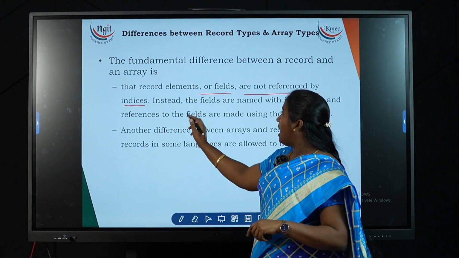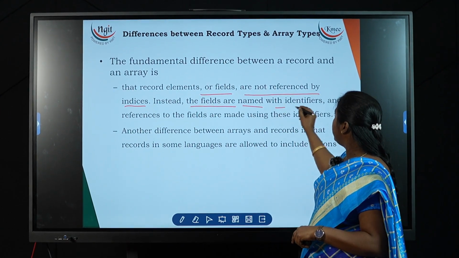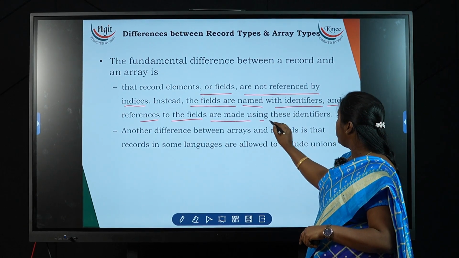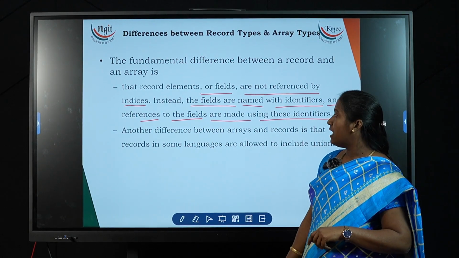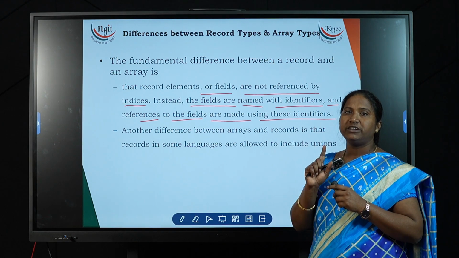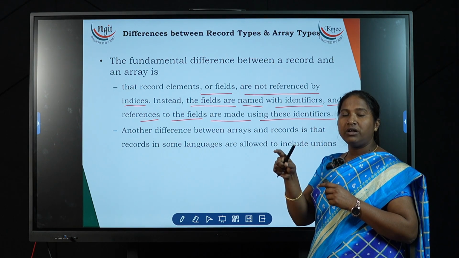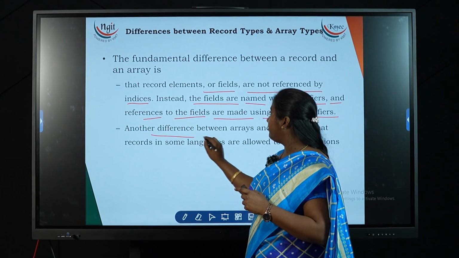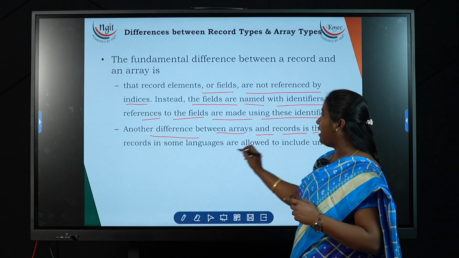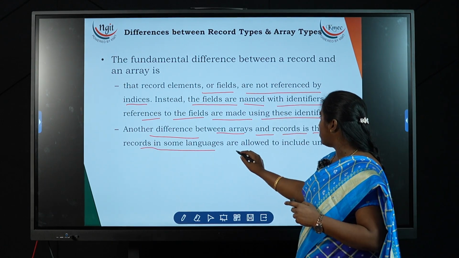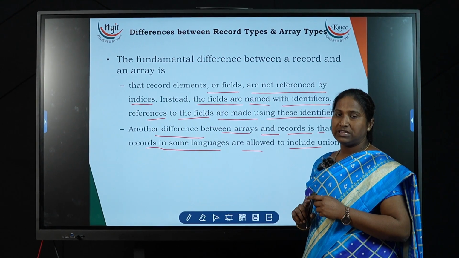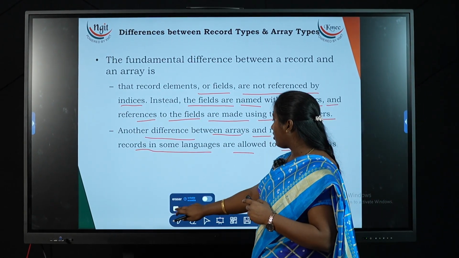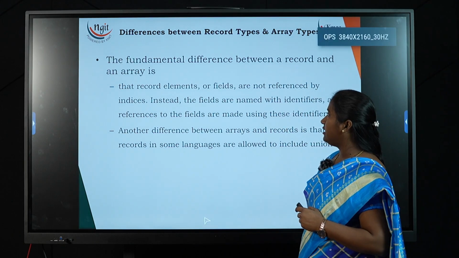Instead, the fields are named with identifiers and references to the fields are made using these identifiers. We'll not access any record through the index; we'll access the record with reference to a particular field. Another difference between arrays and records is that records in some languages are allowed to include unions. This is the fundamental difference between records and arrays, the data types.